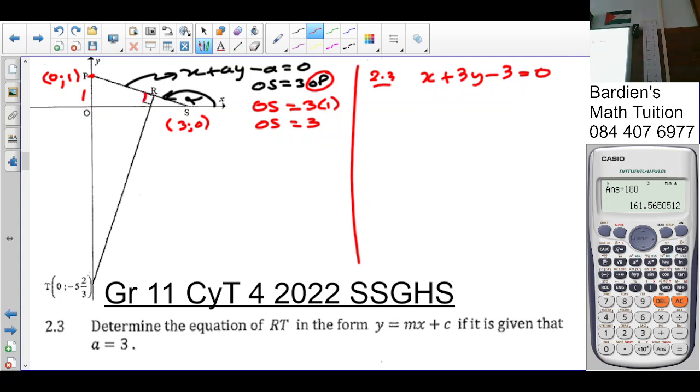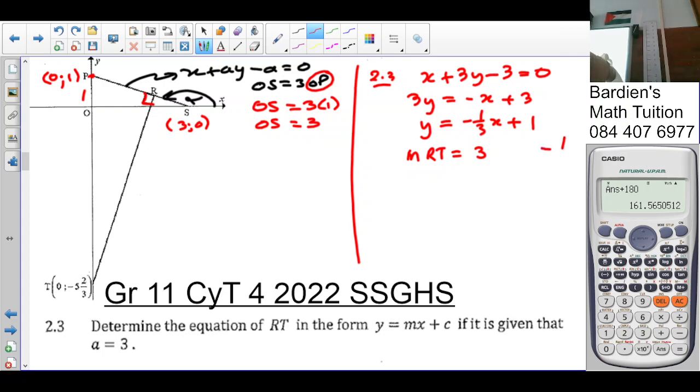Now RT is this line, it's perpendicular to that line PS. So if lines are perpendicular, what do we know? The product of the two gradients is negative 1. So y is equal to negative a third x plus 1. So the gradient of RT is going to be 3. Or we can say negative a third times the gradient of RT is minus 1, and then divide both sides by negative a third and you'll get 3 anyway.